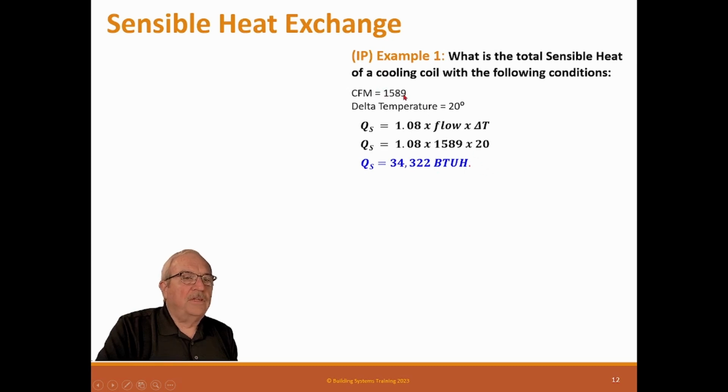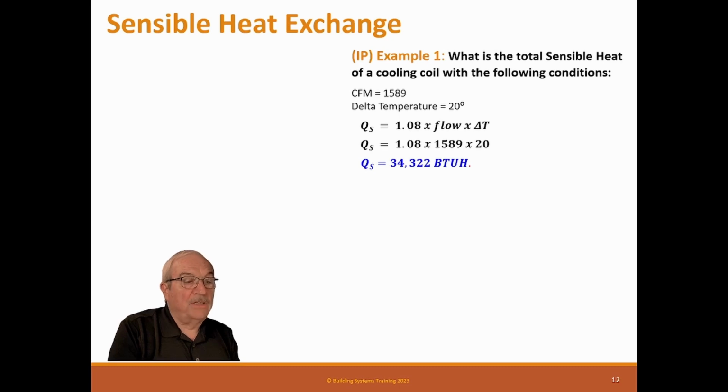And for 1,589 CFM, which is basically a 4-ton unit, 34,000 of sensible heat is reasonable. Now, the one thing you need to realize is that a system can never have, let's say you have a 4-ton unit. This one here would be a 4-ton unit, and it's got 48,000 BTU. Well, that unit can never do a 48,000 BTU load with just sensible heat.